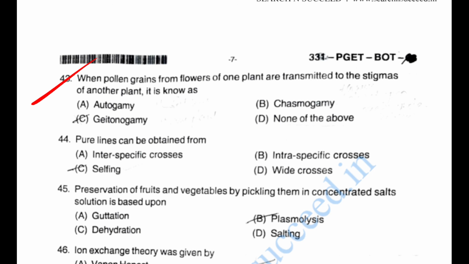So what would be the answer? Autogamy cannot be, geitonogamy cannot be, because geitonogamy involves only the same plant but two different flowers. Autogamy, same flower. So answer is going to be chasmogamy.